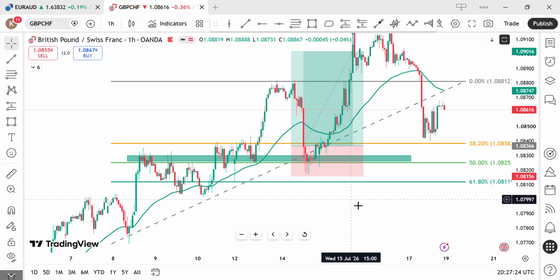So assuming your directional bias was established in the weekly time frame, you move to the 4-hour time frame for a continuation trade. So if your directional bias were established in, let's say, the weekly time frame as a bearish bias, you move to the 4-hour time frame and you look for a bearish setup to trade with the overall higher time frame bias.